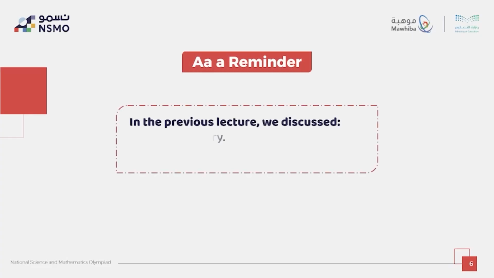Before we begin, let's briefly recall two key ideas we covered in the previous lecture: the cell theory, which explains that the cell is the basic unit of life, and the types of cells, prokaryotic and eukaryotic. These concepts will help us understand today's deeper discussion.